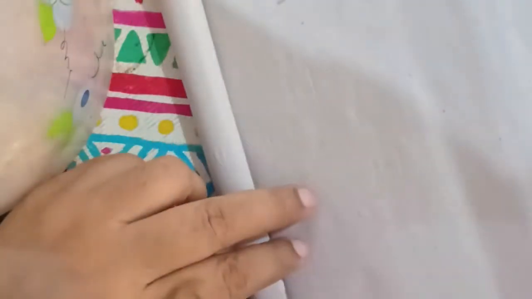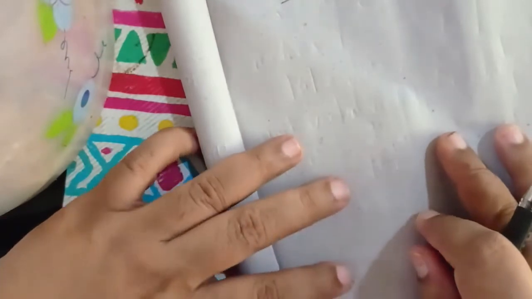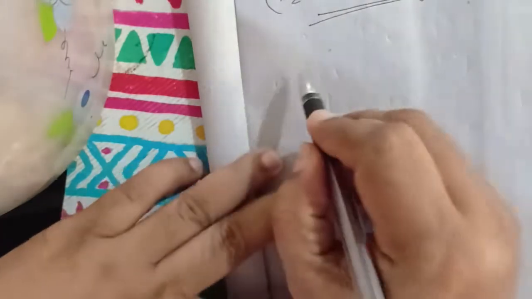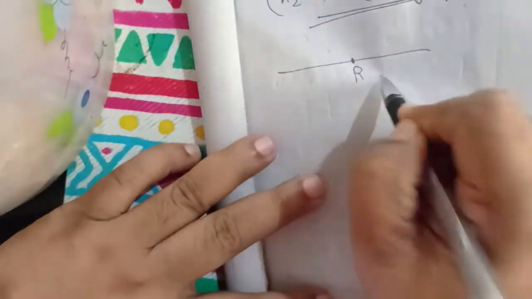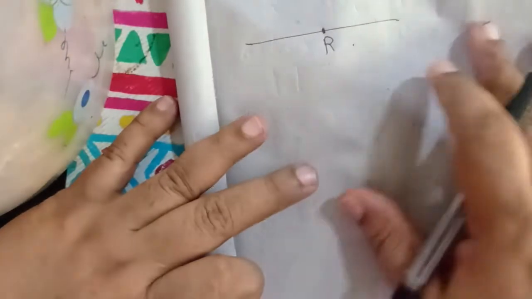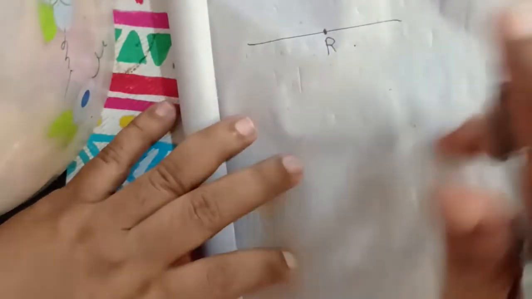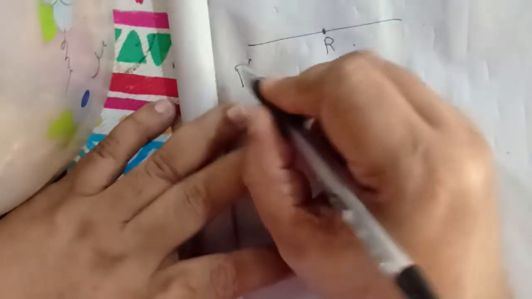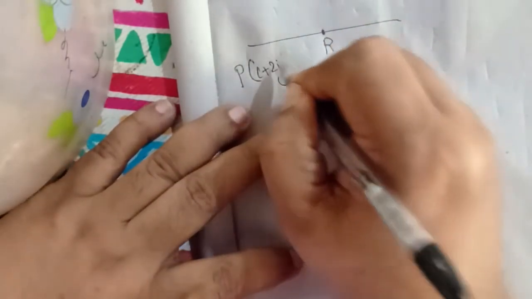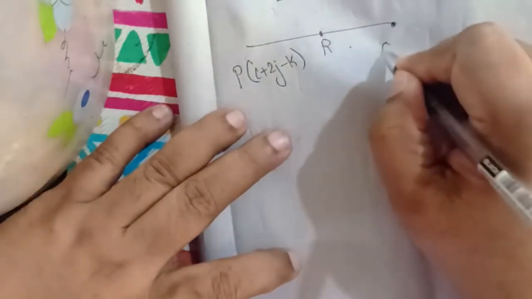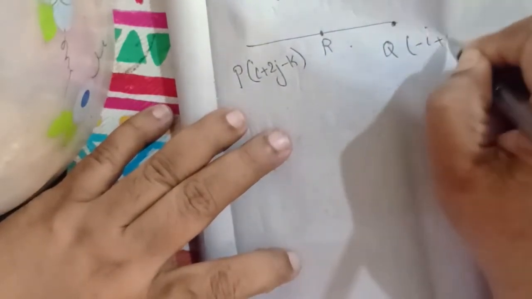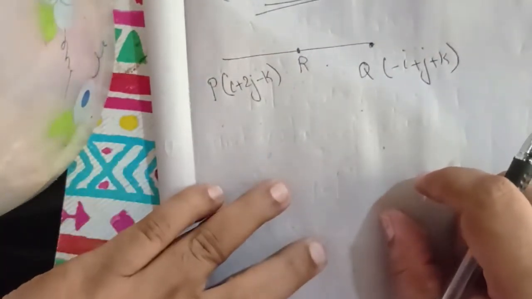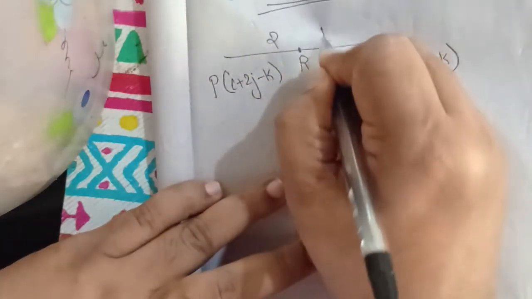Write the next question. Find the position vector of a point R which divides the join of P, i plus 2j minus k, and Q, minus i plus j plus k, in the ratio 2 is to 1.